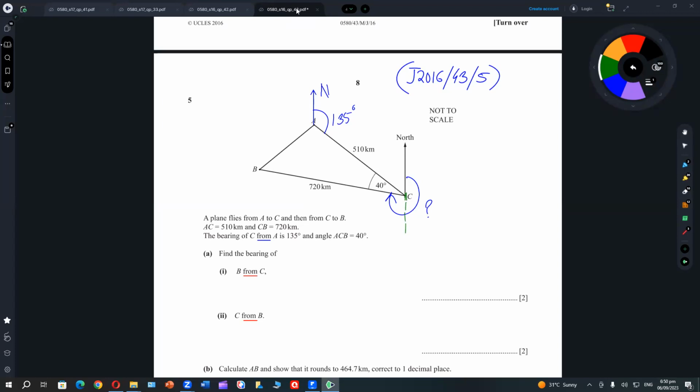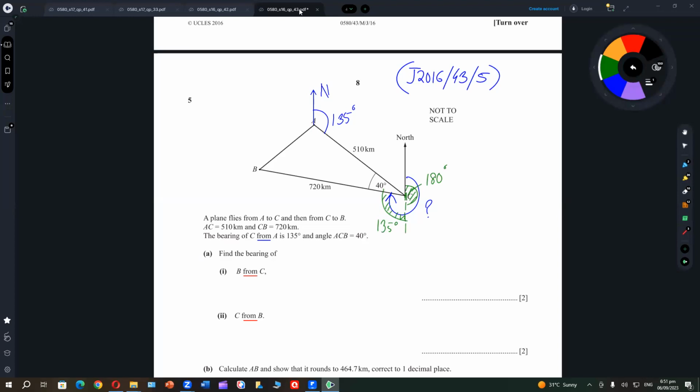These are parallel lines. So this green angle is 135 and this green angle is 180.